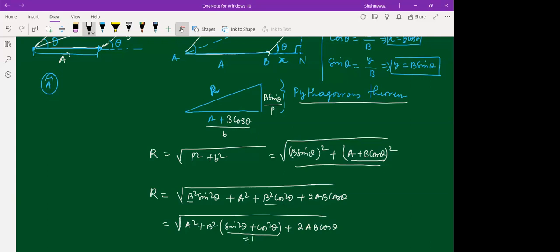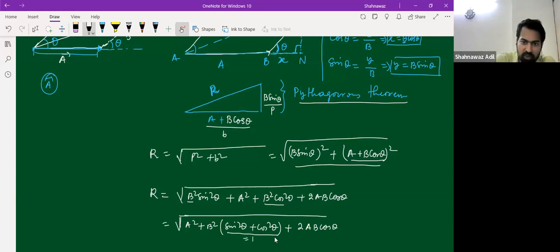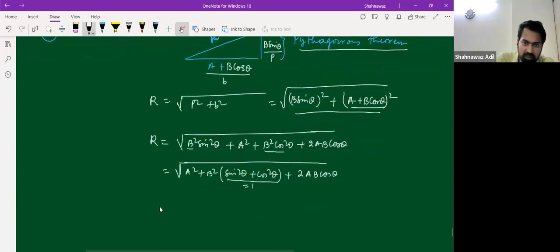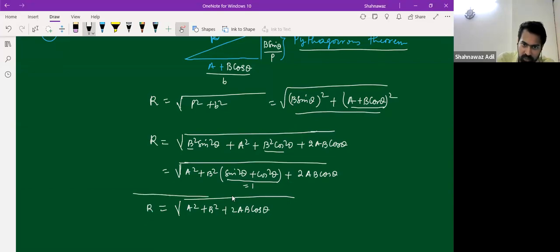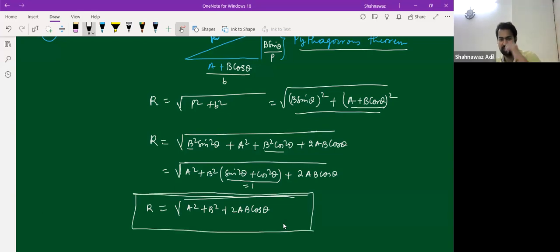So then this would become a square plus b square plus 2ab cos theta. So this would be the magnitude of the resultant of the two vectors. Any question in that, guys?